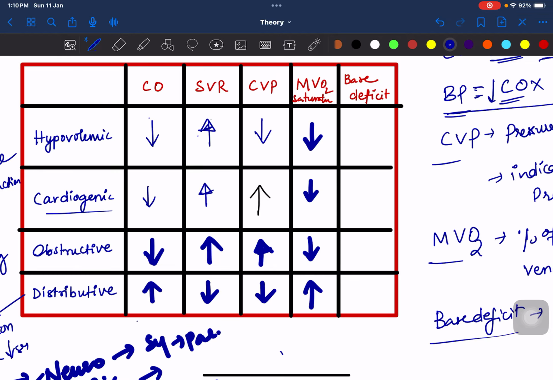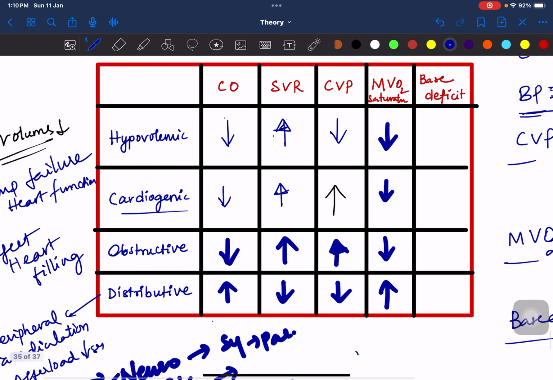But in the remaining shocks like hypovolemic, cardiogenic, and obstructive shock, the tissue perfusion is less because, you see, in hypovolemic shock, the blood volume is less. In cardiogenic shock, the cardiac output is less, and in obstructive shock, there too the cardiac output is less. So the tissue perfusion is less. Perfect.